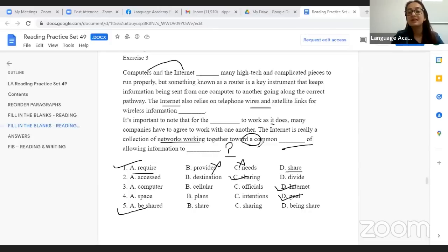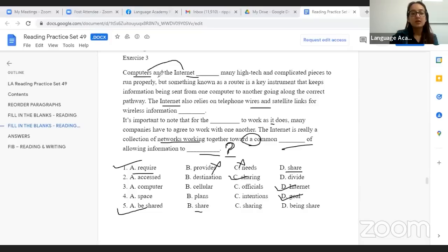Information will be sharing something in that case, because we can never finish a sentence at a verb. And if you put share, first form of verb, we have to again end it with a noun, which is wrong. That is why the answer is it allows information to be shared. So the first answer was based on grammar.